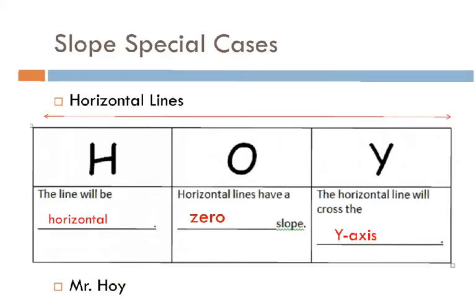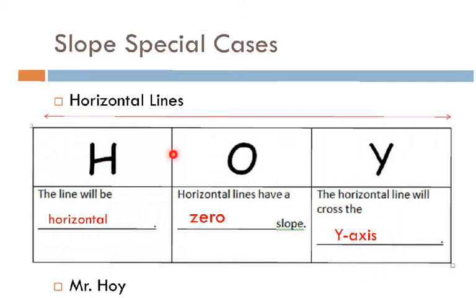We're going to look at some questions that deal with parallel and perpendicular, but then also horizontal and vertical slopes. So if a line is horizontal, which here is an example of a horizontal line, it's going to have a 0 slope and it crosses the y-axis.